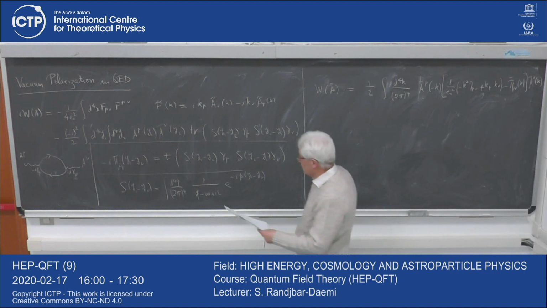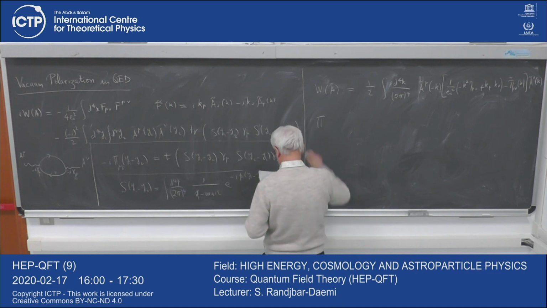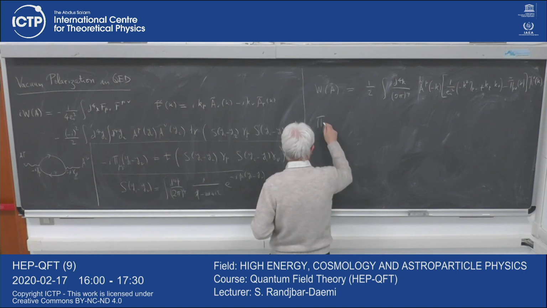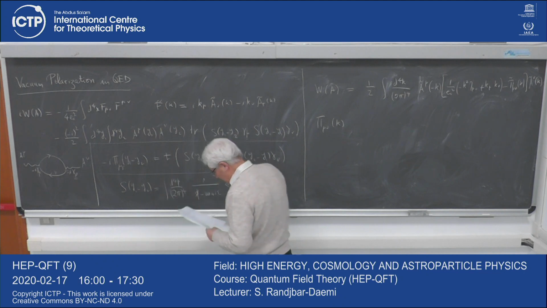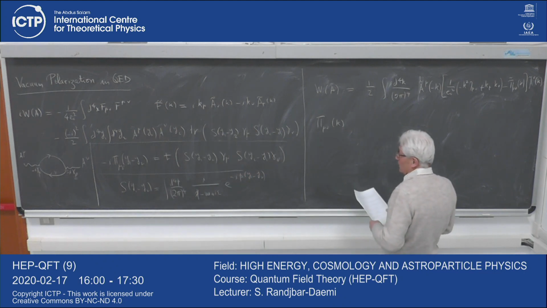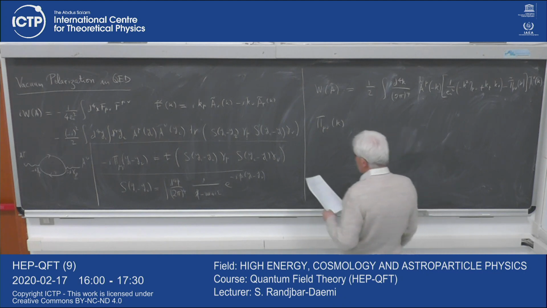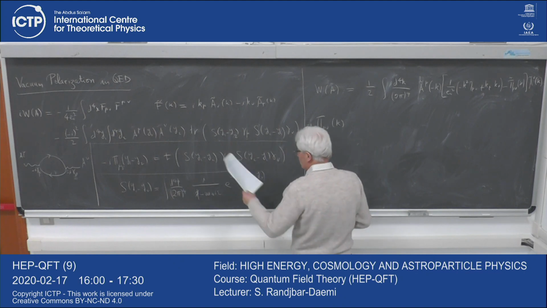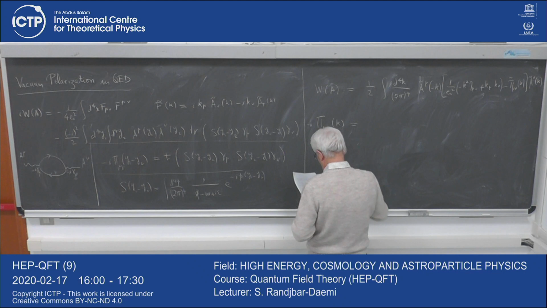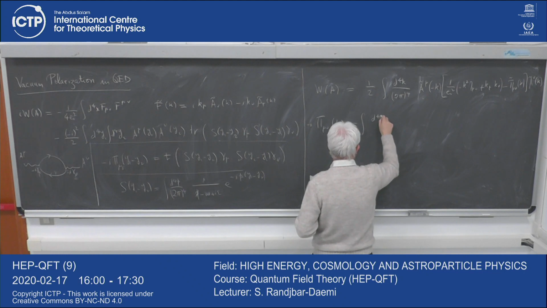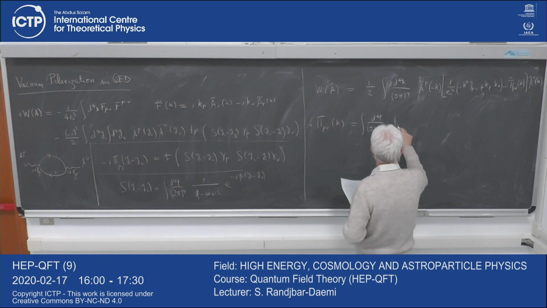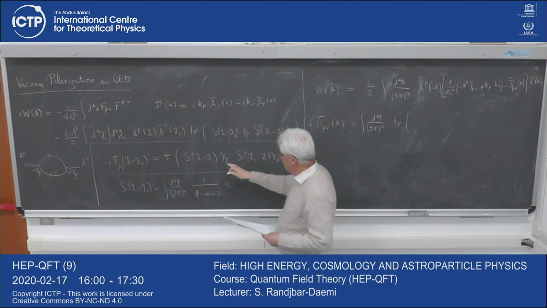And from the definition, you see what pi should be. So I'm dropping the tilde from pi because this is the only pi we are going to use. We are not going to use the x space pi. So if you simplify that relation, you will find out that it's given by the integral d^4p over 2 pi to the power 4 times the trace of, and the rest is clear.